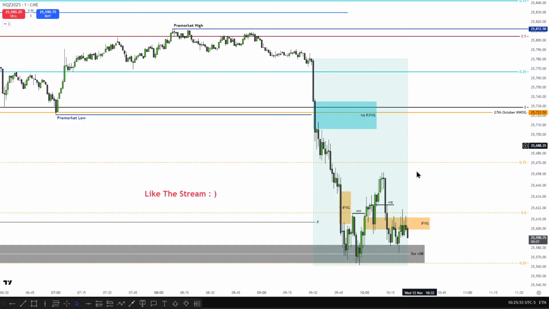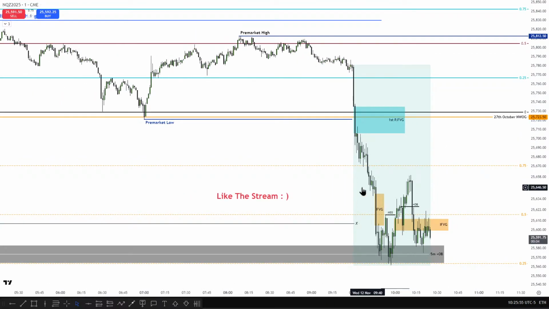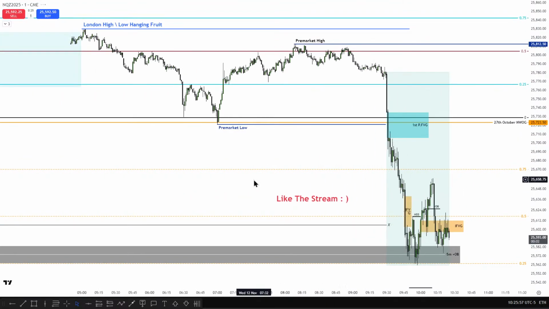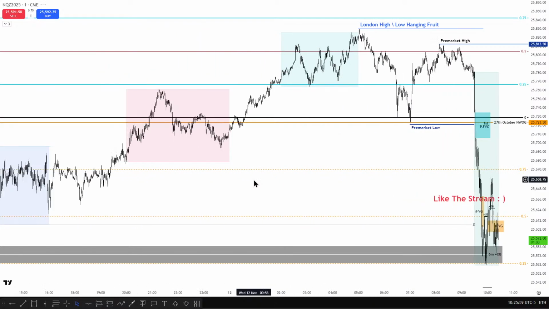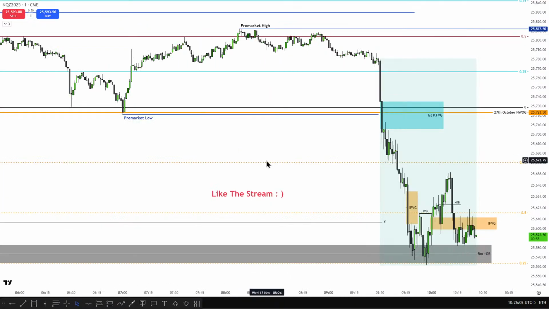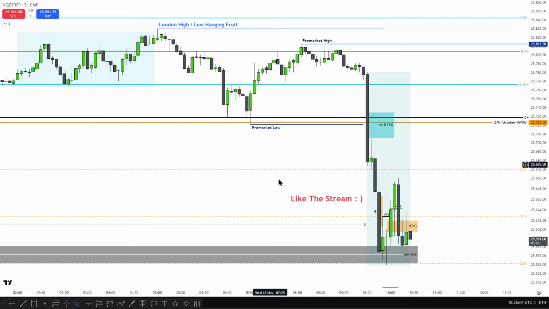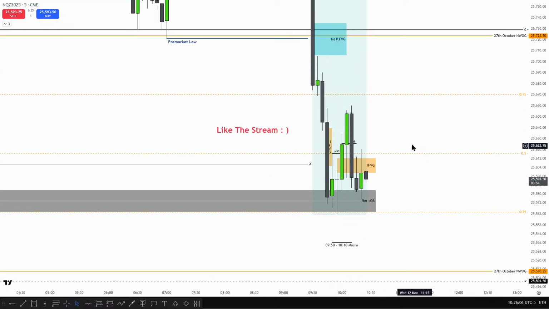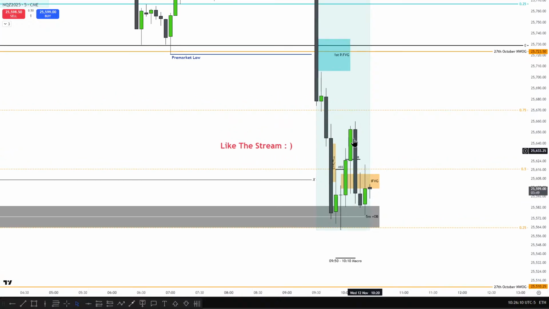Take that off. With a 5-minute poked into that Sibby, it's not showing a strong reaction that you would want to see.